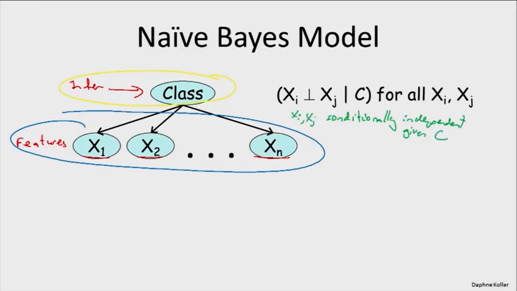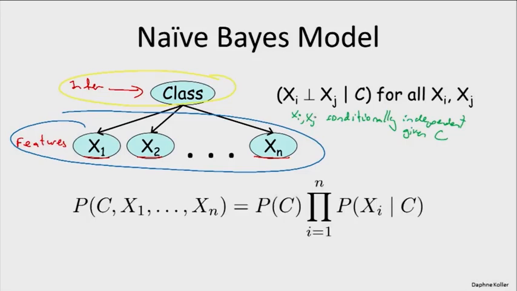So every xi and xj give us no information, one gives no information about the other once the class variable is observed, which reduces this whole model into one where we only have to encode individual pairwise interactions between the class variable and single features.